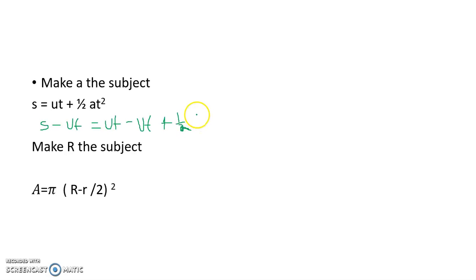A t squared. So s minus ut equal ut minus ut plus half at squared. Remember, in order to get rid of this addition, we have to minus it from itself, and anything you do on one side, you have to do it to the other side. So we minus ut from ut, and it's practically eliminated.